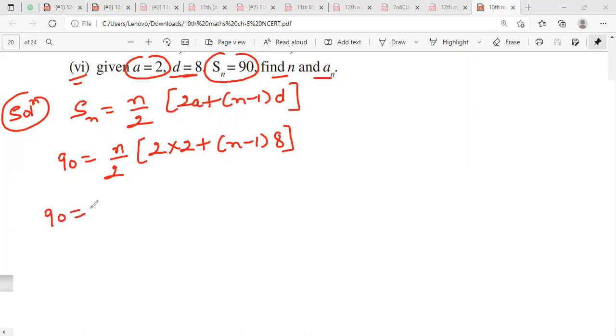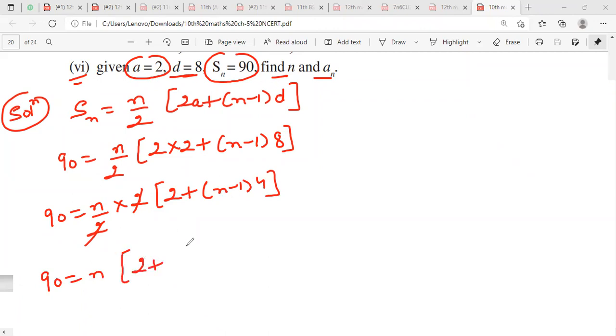Then 90 will be equal to n by 2. From this bracket, we can take 2 common. So within bracket we will have 2 plus 2 4s are 8, that is (n minus 1) into 4. This 2 and this 2 will be cancelled out. So 90 will be equal to n within bracket 2 plus 4n minus 4. So it will be 90 equal to n within bracket 4n minus 2.